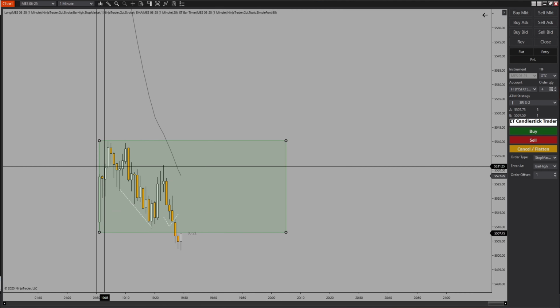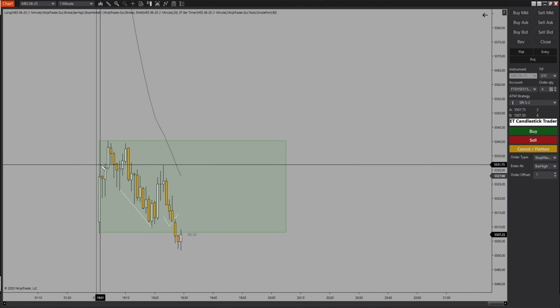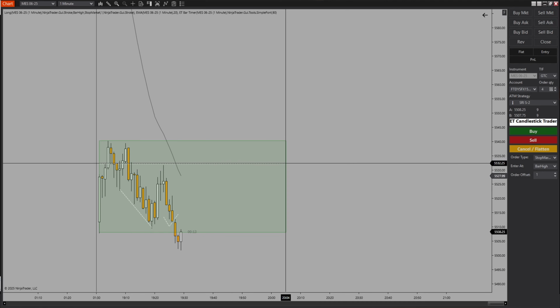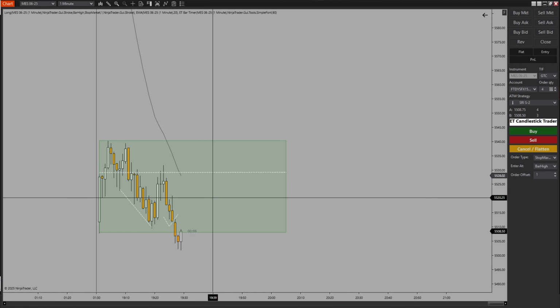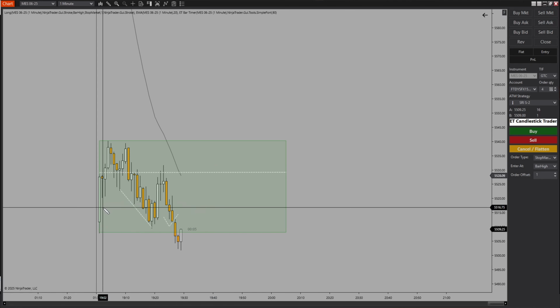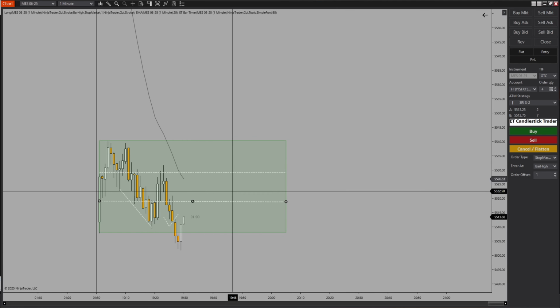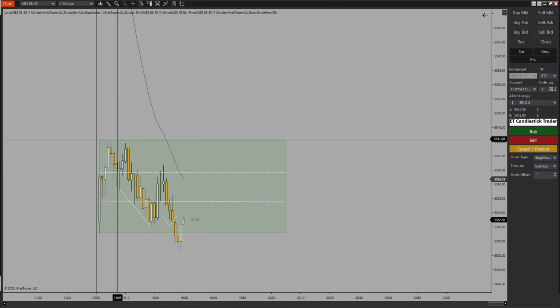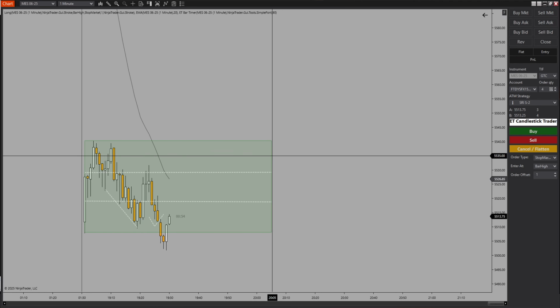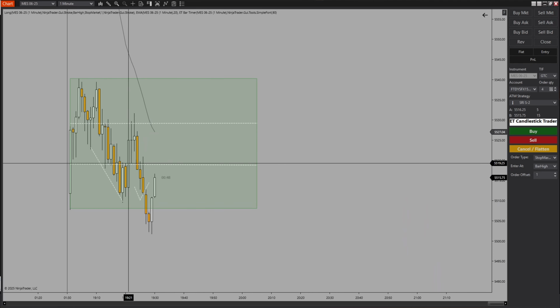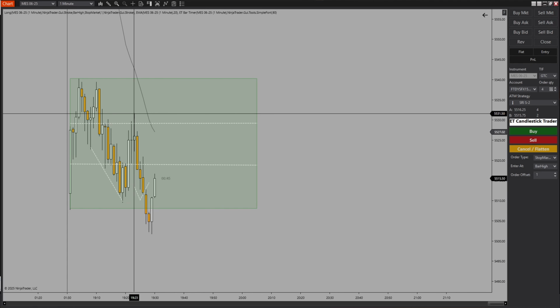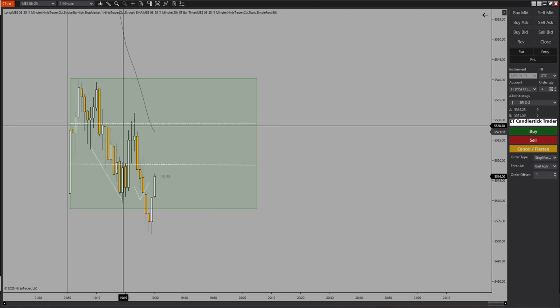So if I divide this zone into three equal parts, let's say from here to here is one third, and then so we need to look for long entries in the bottom third region and short entries in the top third region. That is what trading range is, right? So now once it reaches the top third region, you know that it's gonna reverse. That is why you scalp out.